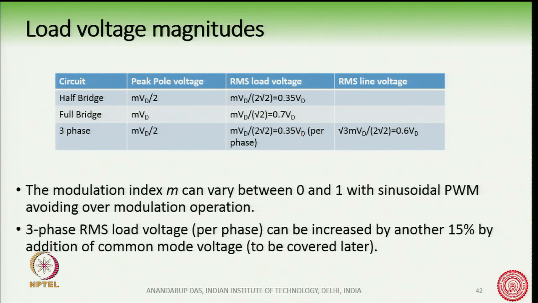Okay. And the RMS line voltage will be root 3 times this value, which will be equal to 0.6 Vd. Okay. So, the 3-phase RMS load voltage can be increased by another 15% by addition of a common mode voltage.